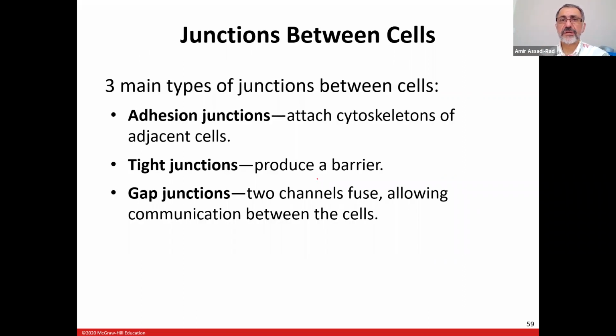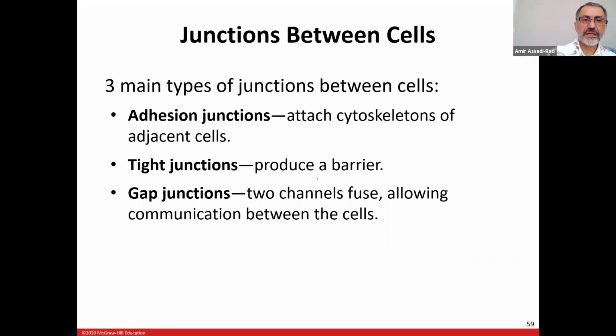So there are 3 main types of junctions, the junctions between the cells, that's pretty much what it means. There are 3 different ways the cells are connected together. Adhesion junctions attach cytoskeletons of adjacent cells. Tight junctions produce a barrier. I hope you have pictures. You have to know those. And gap junctions, where 2 channels fuse, allow communication between 2 cells.